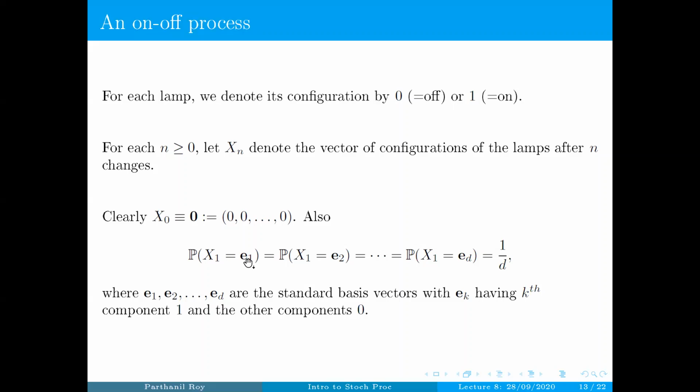If you choose the second lamp and switch it on, then X_1 takes the value e_2, and so on, all the way up to e_d. These are all happening with equal probability.